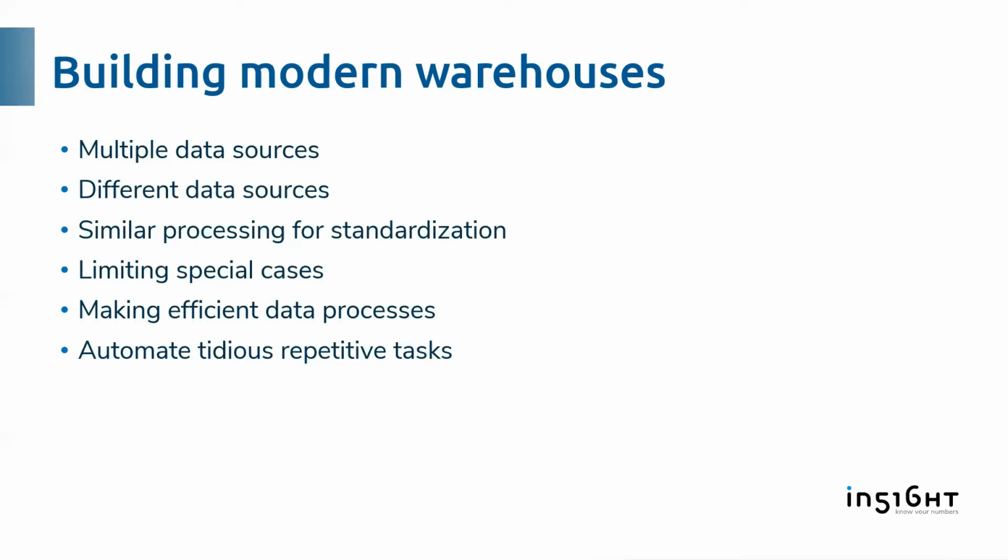But our job in this course, in this process, normally is to get the data in the most standardized way from the sources to the destinations where users get them.